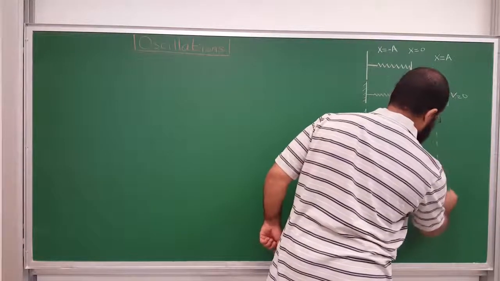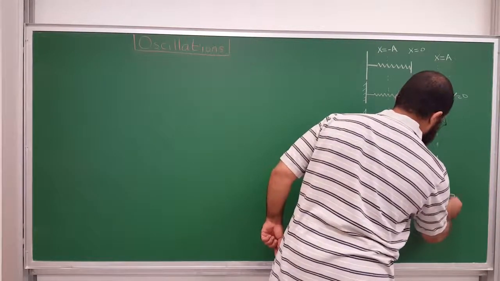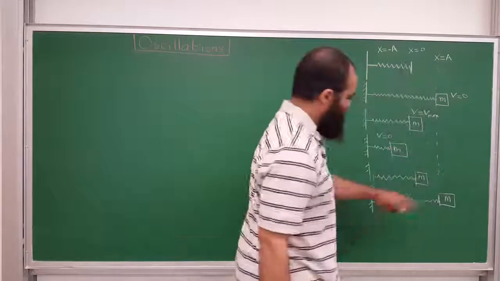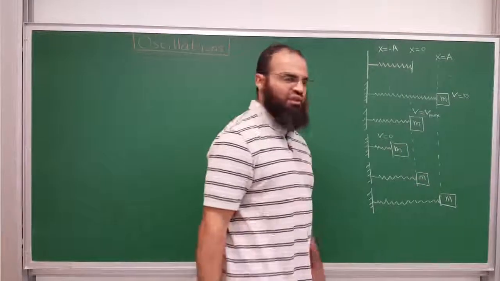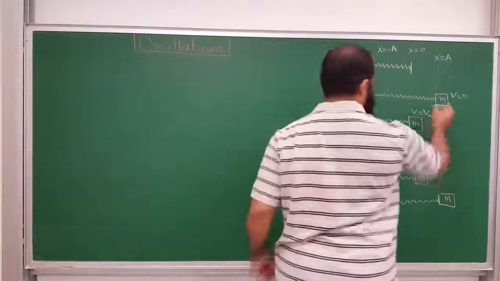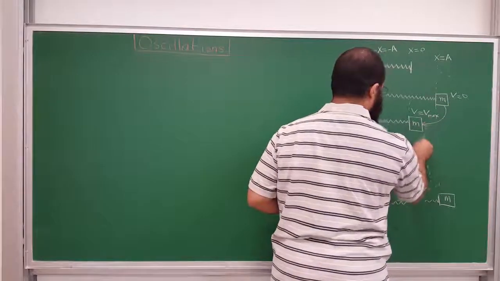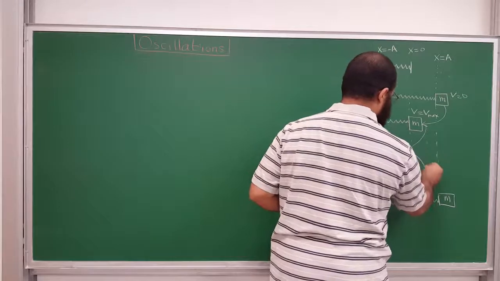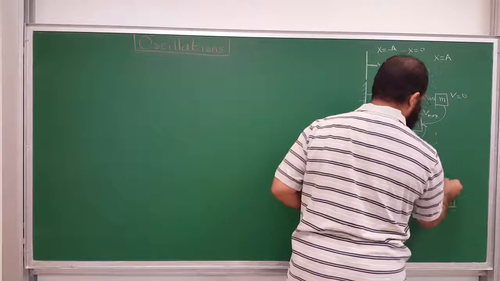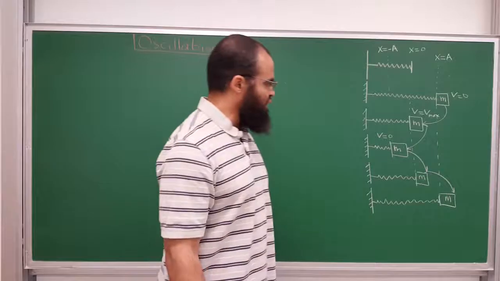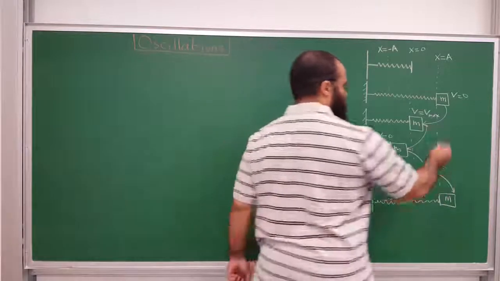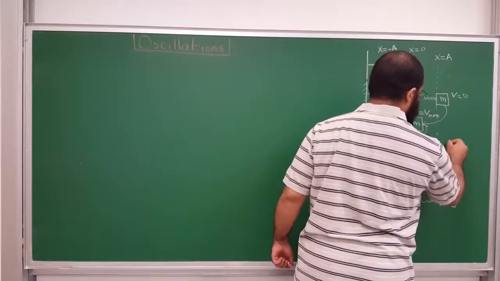Come back all the way here. That's m. Then you come to a stop and then repeat the motion. The time it takes to go from here to here, and then from here to here, and then from here to here, and then back to the initial starting point, that's the period. That's called the period.